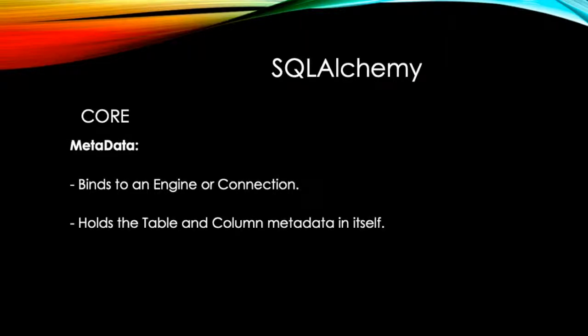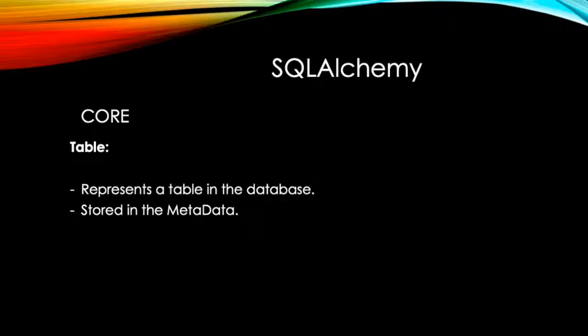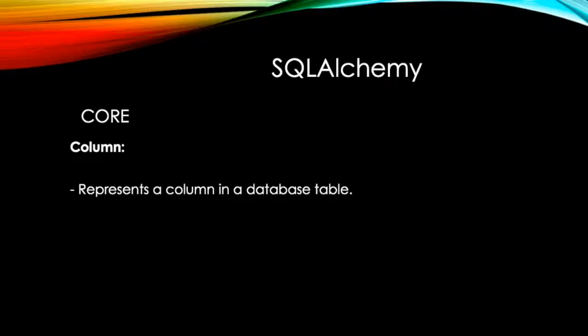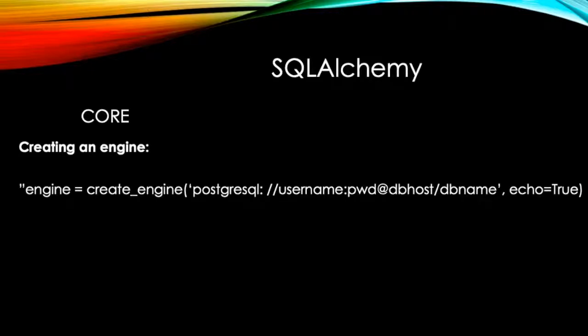So metadata allows us to bind our engine with the connection, and also allows us to create table, column, basically a schema of a table. And so table is a representation of an actual table in the database. Column is a representation of a column in a real database table.